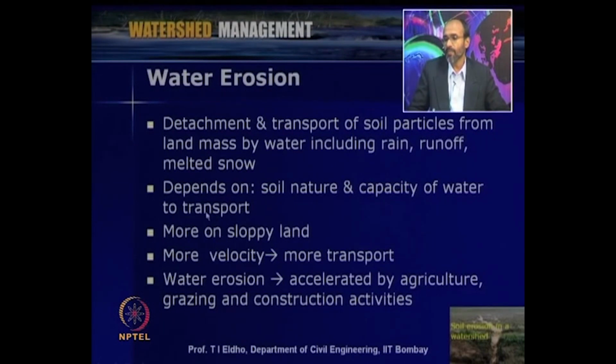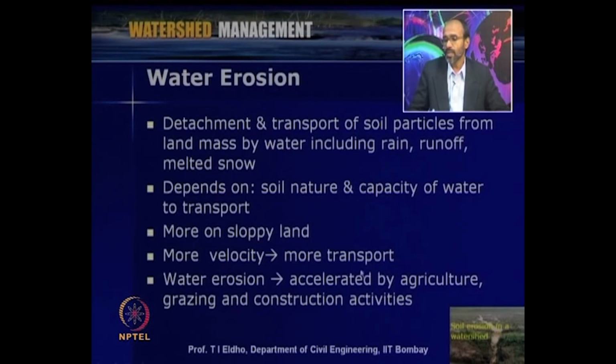You can see that if you go to the field during rainfall, when soil water erosion takes place, water erosion will be more on sloping lands. If the water velocity is higher, then more transport will be taking place, more soil will be eroded.